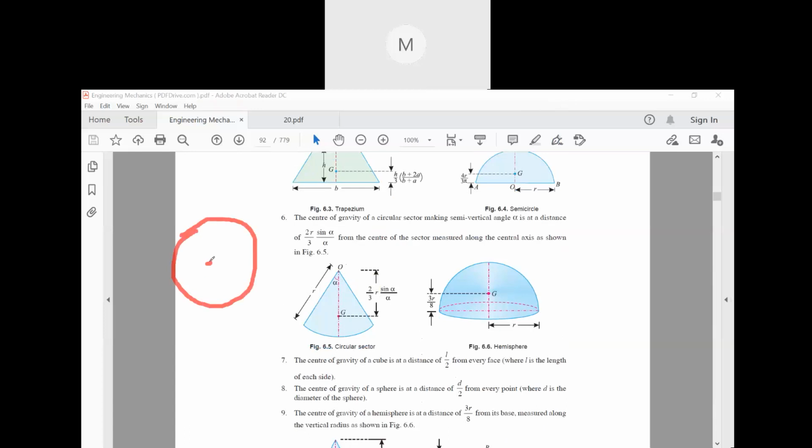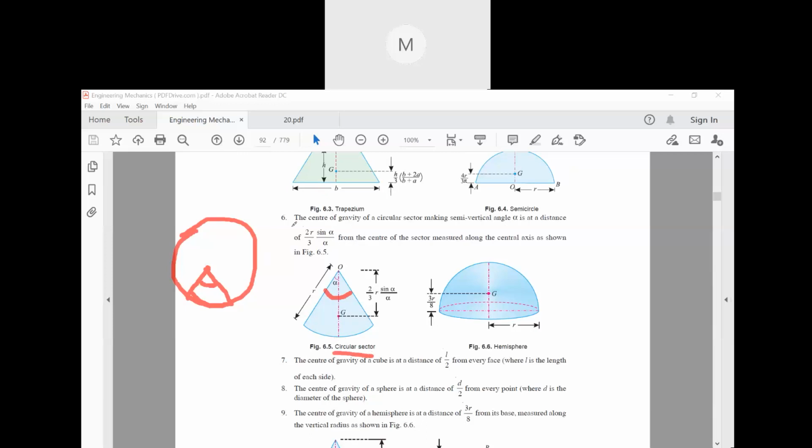So this is the point. Now if you cut like this, this is a slice of a pizza like thing, right? So it looks like this part. If you take this slice out, this pizza slice, though it is not actually pizza, I'm just giving an example. The center of gravity of this sector, remember this slice of pizza technically is called a circular sector.